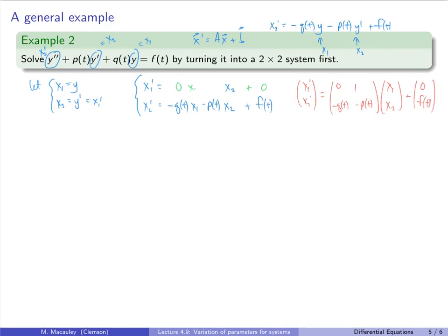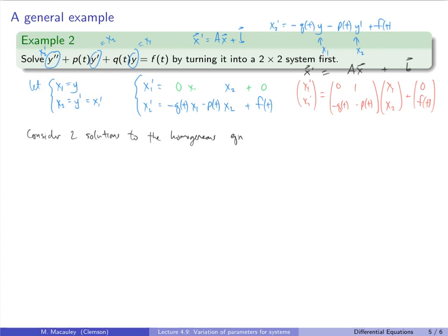Okay, so now let's consider two solutions to the homogeneous equation. So let me write that down. Consider two solutions to the homogeneous equation, and let me just emphasize that this is x prime equals ax plus b.